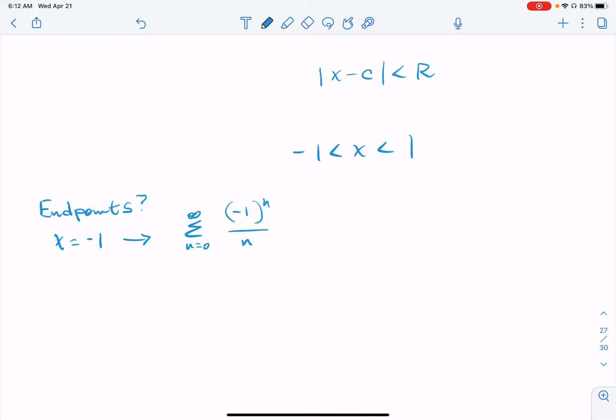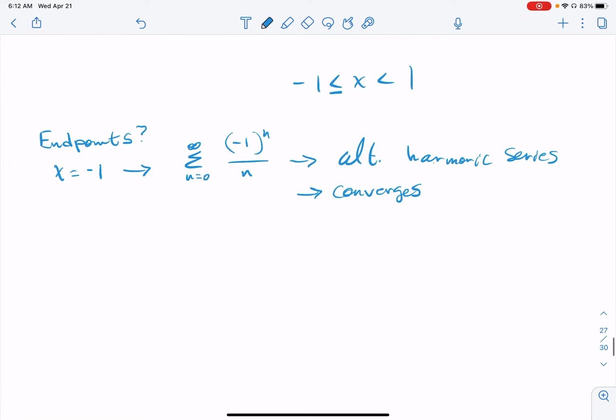Hey, does that look familiar? That is the alternating harmonic series, which converges. It doesn't converge absolutely, it converges conditionally, but at least it converges, which means that we get that endpoint.